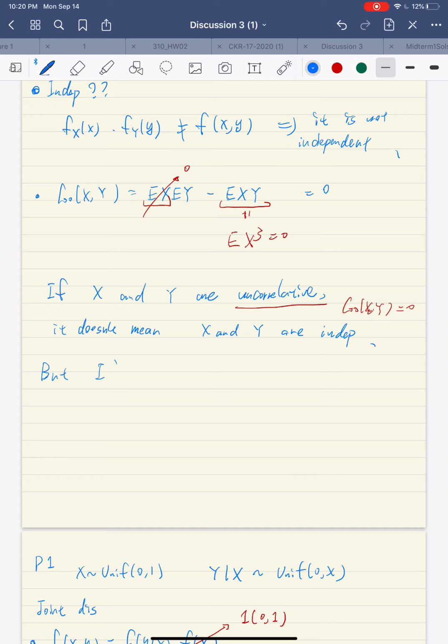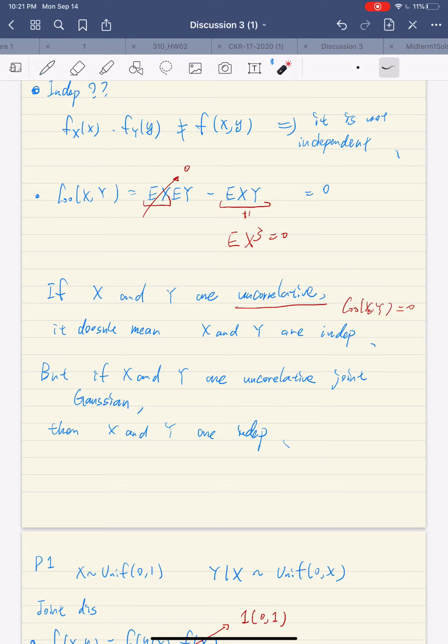But if x and y are uncorrelated and jointly Gaussian, then x and y are independent. So here the important condition is they are jointly Gaussian.